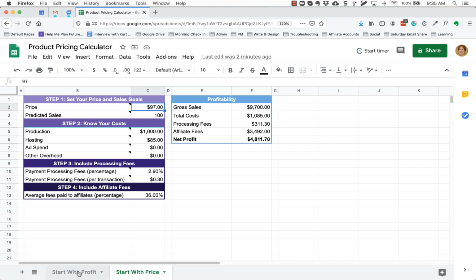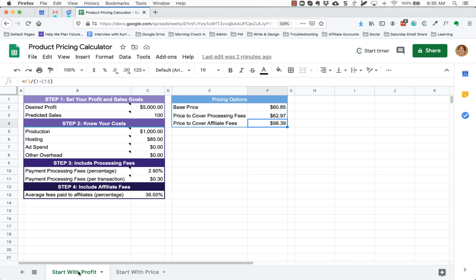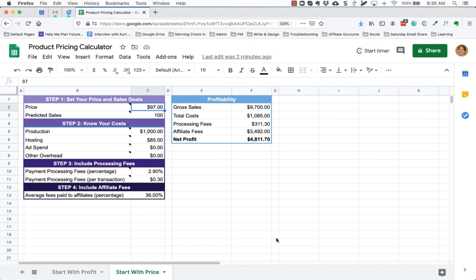So again, either start with your profit. How much do you want to earn from this product? Or start with what you think you can sell. Now, once you have those numbers in mind, once you've got kind of this base and you kind of know, yeah, it's about $97, that's when you're going to go back and you're going to look at your product and say, okay, can I sell it for $97?